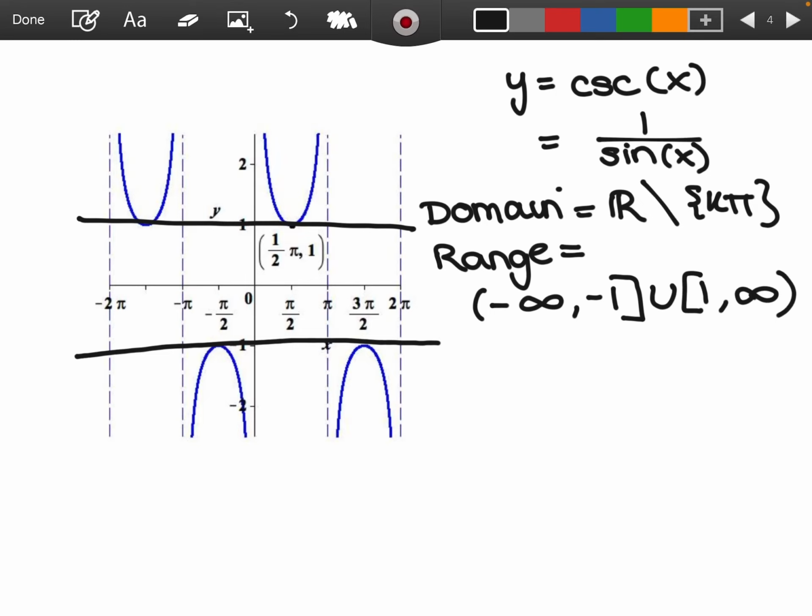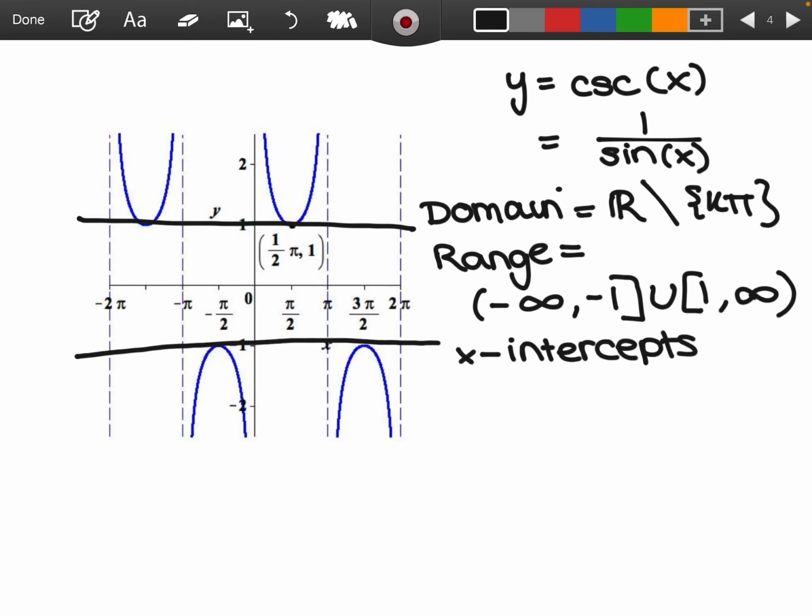And then union with 1 up to infinity. Again, we include 1 because we see here at pi/2 cosecant of pi/2 is 1. So 1 is included in my range.